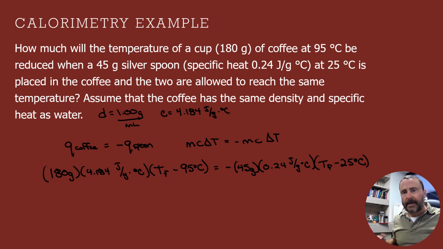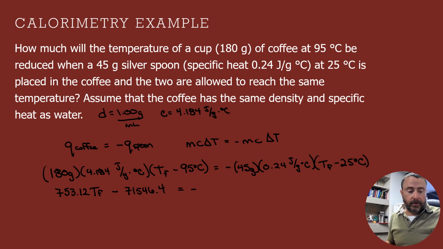Okay, so I'm going to work through this algebraically. I've got my 180 times my 4.184, which is 753.12. We're going to take that times T final minus that same number times 95, so I get 71,546.4.